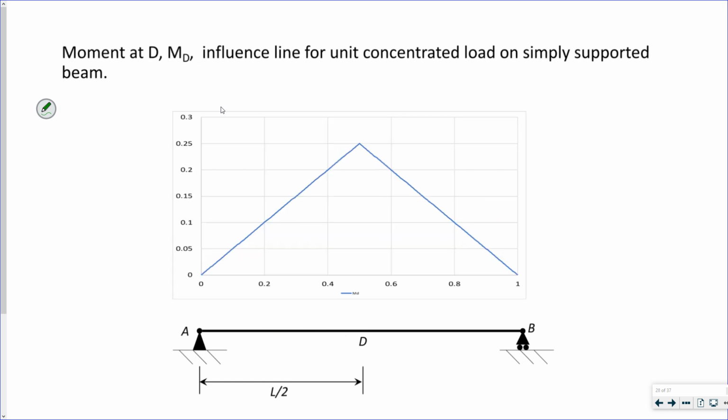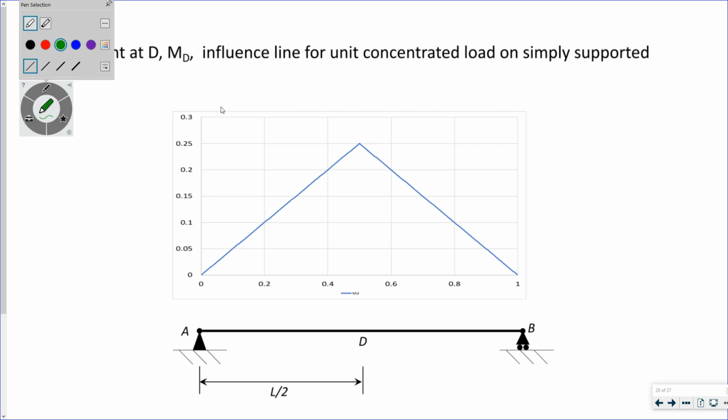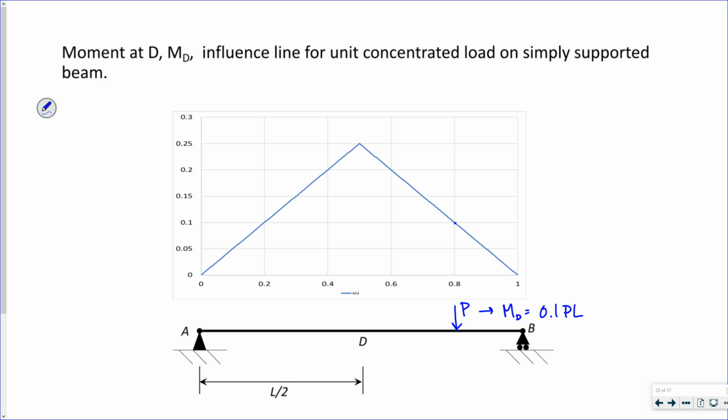Finally, I'm going to look for that moment. This over here is really P times L. So again, if I put my P at 80%, I get a moment at D of 0.1 P times L, or 1/10.